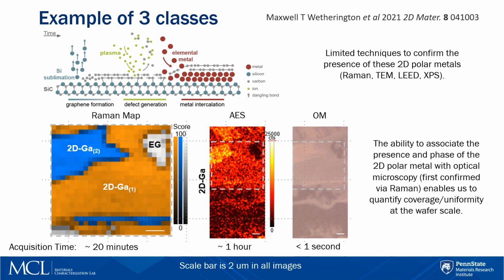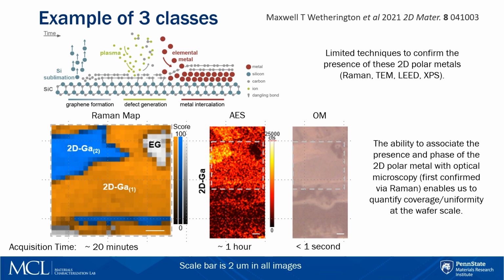And so using correlative analysis between Raman, Auger, and optical microscopy, we are able to differentiate those phases in Raman and Auger, and then now we can use the optical micrograph, which is a much faster approach to assess the intercalation process and differentiate the phases.